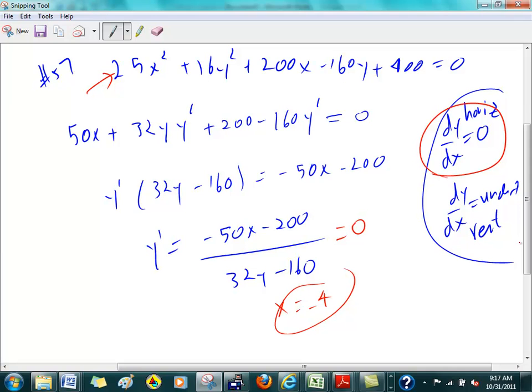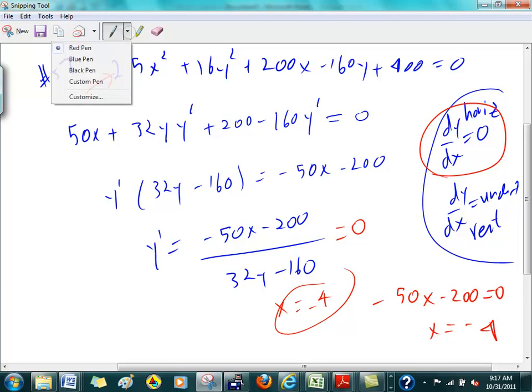Take x equals negative 4, shove it in this equation, and you should get a quadratic equation in y. By setting this equal to 0, the only way that can happen is if the numerator is 0. Then take x equals negative 4, shove it in the original equation, you get an equation in y, and you solve that.